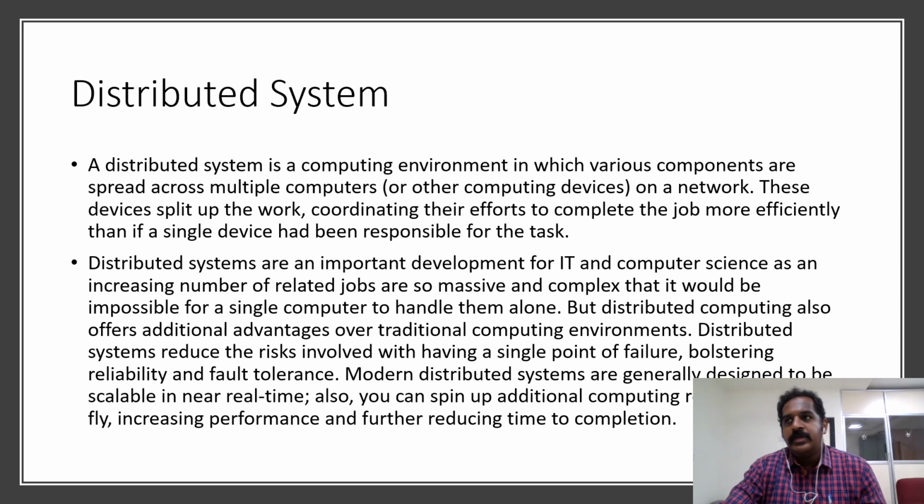See, in a distributed system a particular task is split across two or more devices. Okay, for example, if a company has a single database or a single server, and there are 100 employees working on the same server, the server might be going fast.